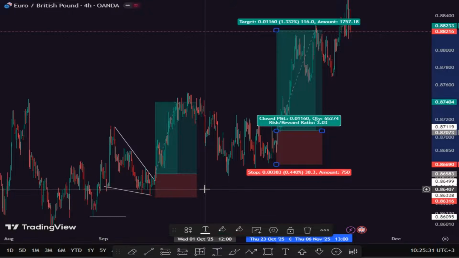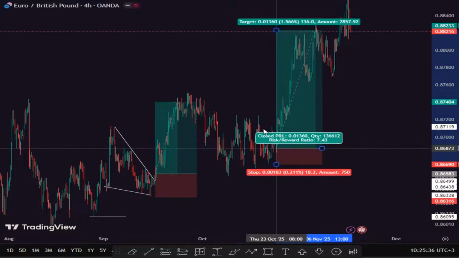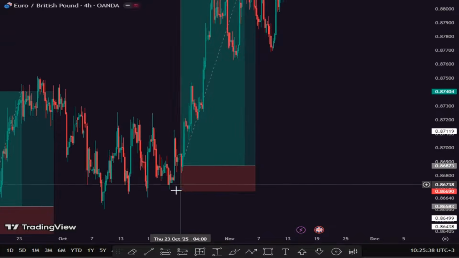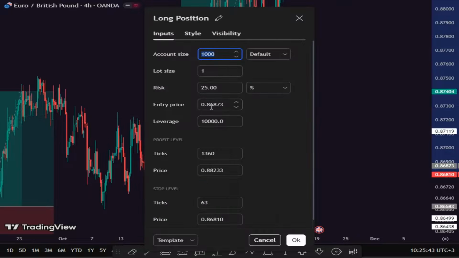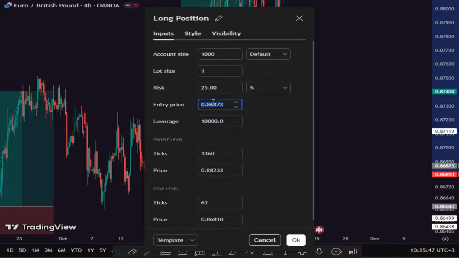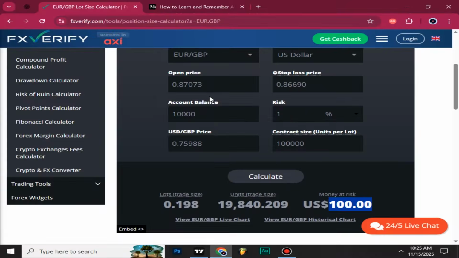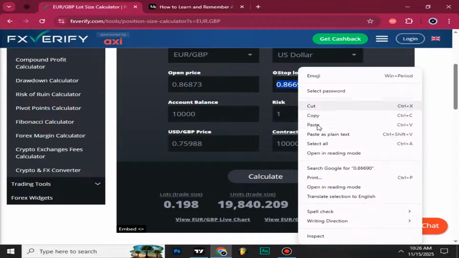Now, for those who maybe catch those sniper entries, let's say a sniper entry and then a very tight stop loss, let's say something like that. Let's do the same. Let's just copy our entry once again and paste it, and take it back and do the same, copy the level, and take it back and paste that right there.